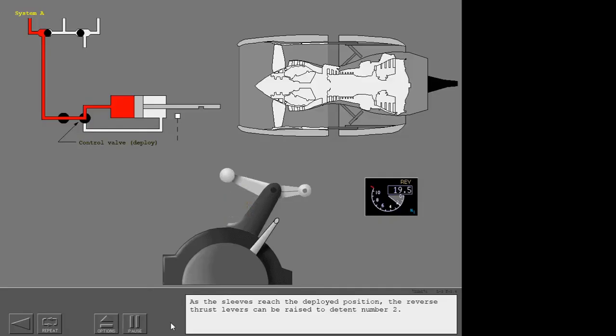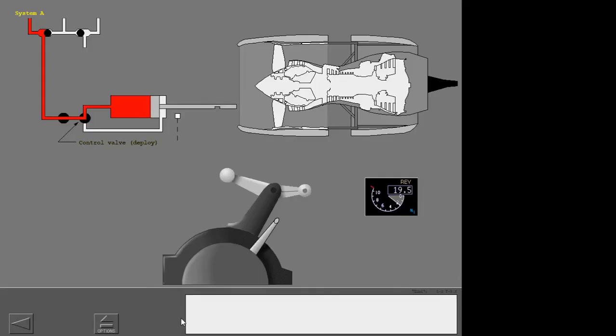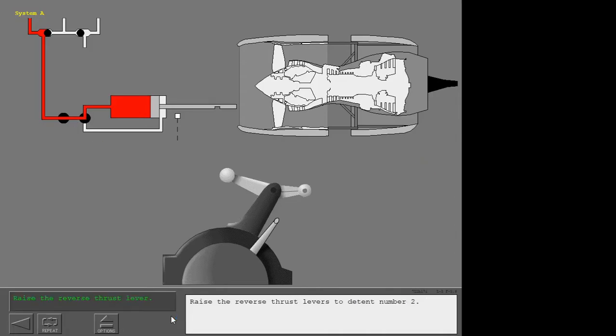As the sleeves reach the deployed position, the reverse thrust levers can be raised to detent number 2. When the sleeves are deployed, the amber reverser indication changes to green. Raise the reverse thrust levers to detent number 2.